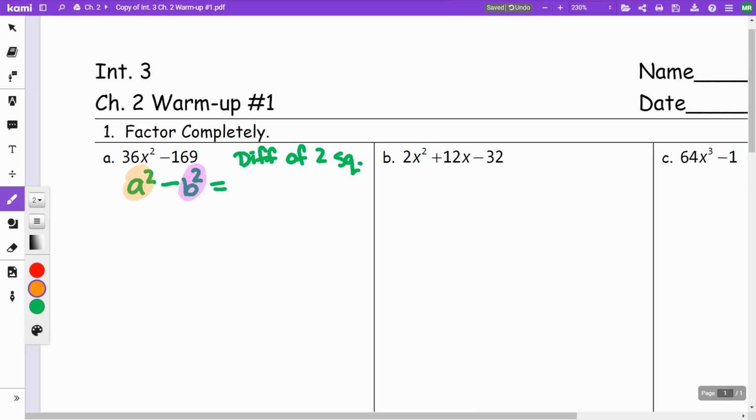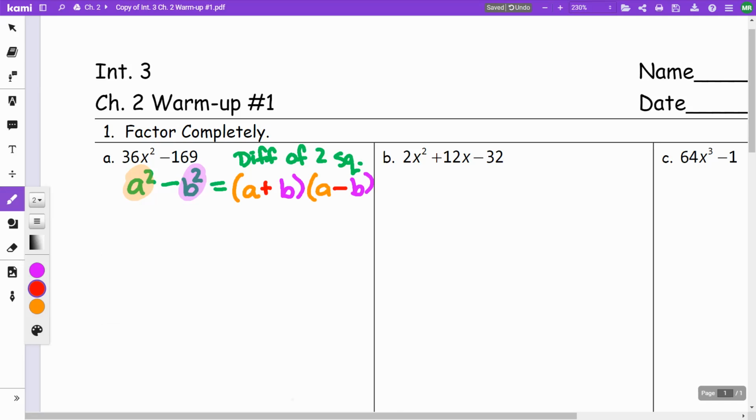The square root of a squared is a. The square root of b squared is b. So we are going to have two factors with an a and a b. One of them is going to be a plus and one of them is going to be a minus. That's what is always going to happen.